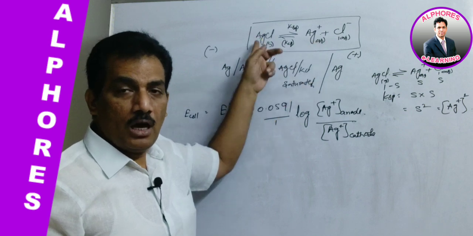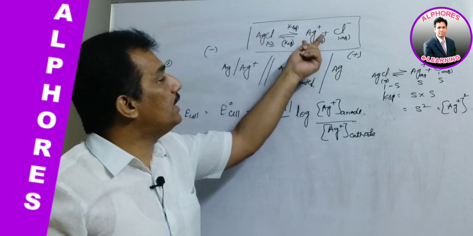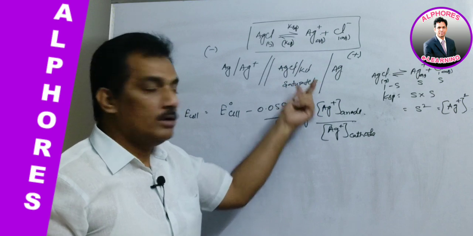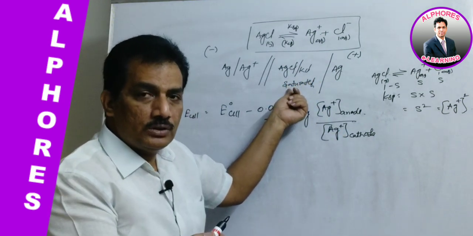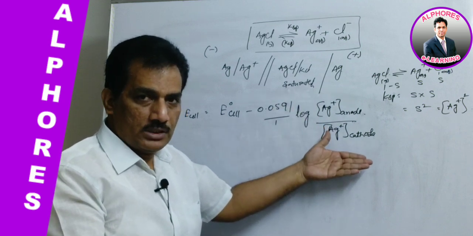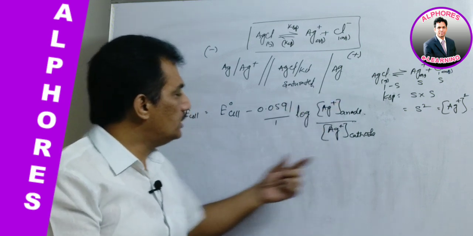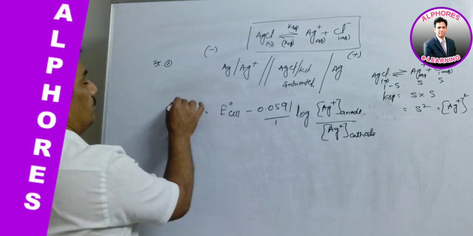The dissolved AgCl salt provides this Ag plus at the cathode, that is the reactant that gets the electron and is reduced, as we discussed before. Clear?